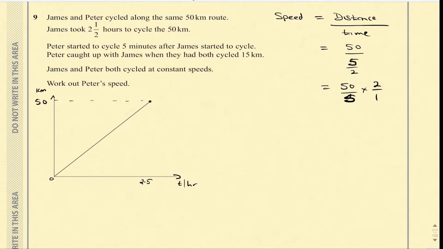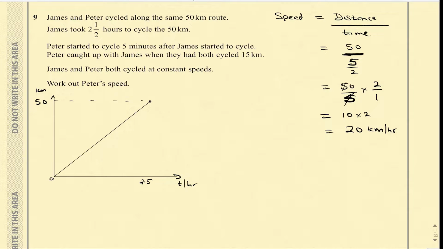What I've done is turn my division into times. My division is 50 divided by 5 over 2, so I turn the divide into times and flip the fraction, so that would be 2 over 5. In that case, 5 cancels 5, so I'm getting 10 times 2, which gives me 20. So that's 20 kilometers per hour.